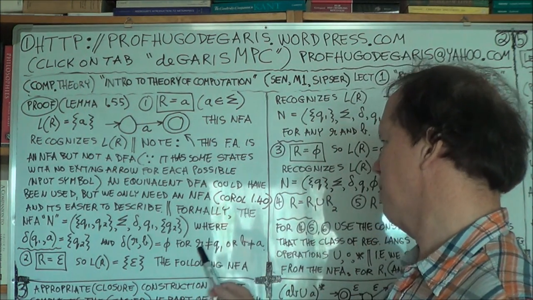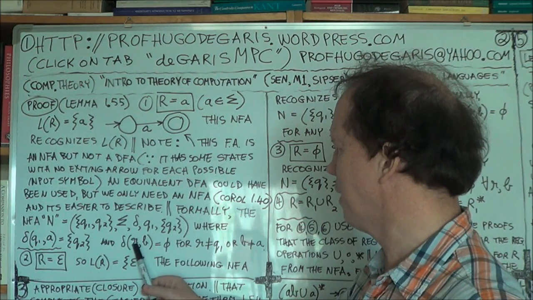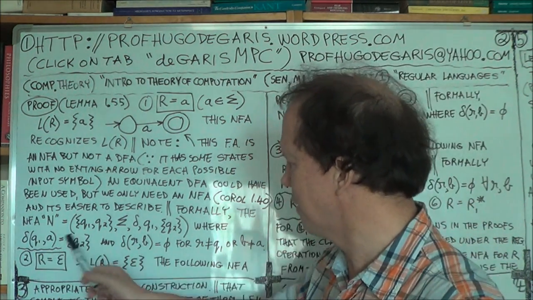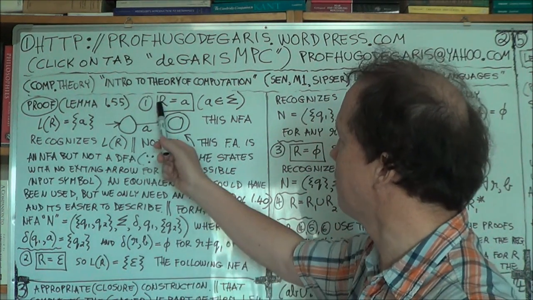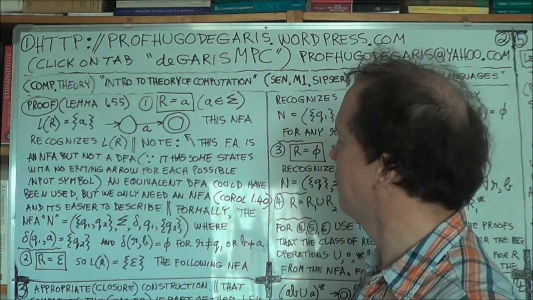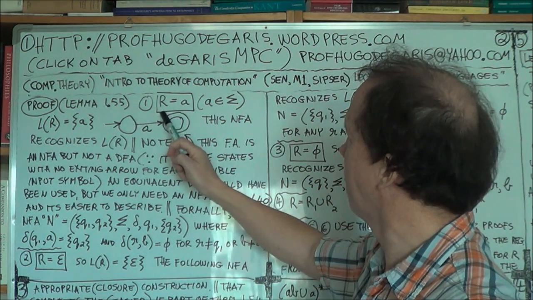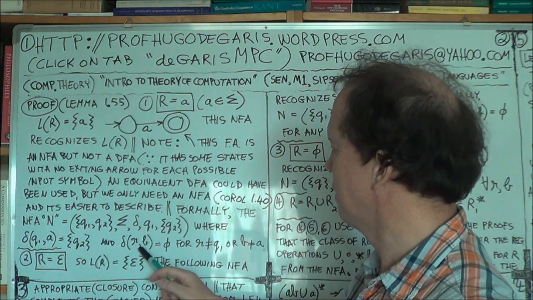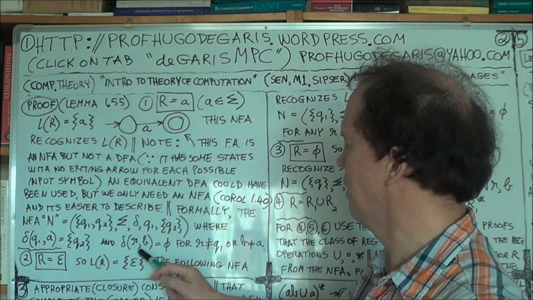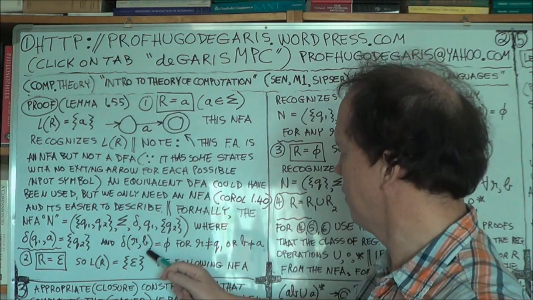Okay, so what's going on here? Presuming these little r's here are obviously states, right? That's the nature of the delta function. So, presuming these little r's are other states belonging to big R, the set of states of a machine, and these are other symbols belonging to big sigma, I assume.